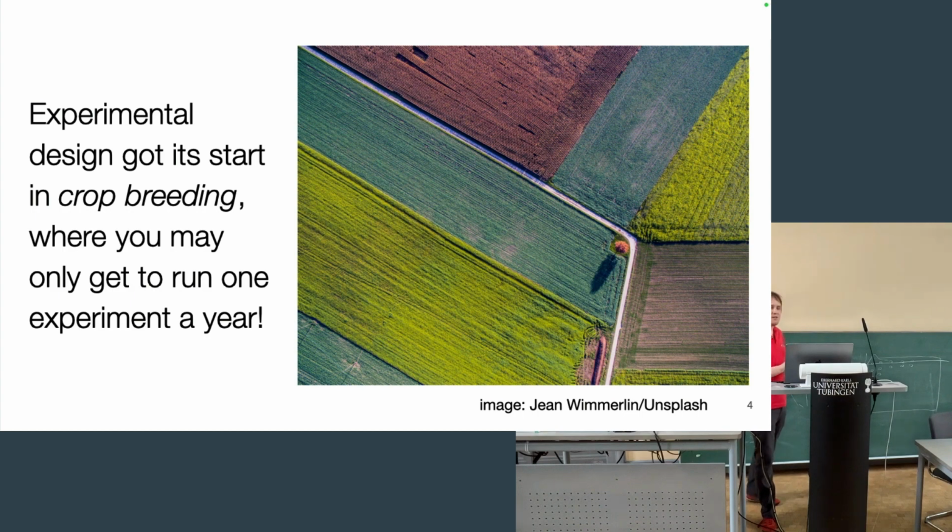Experimental design as a field got its start in crop breeding. This is a situation where these two problems are really highlighted. Let's say you're trying to design a corn hybrid, where you want to maximize yield as a function of the genome of the plant. Here the design space is the entire genome, an enormous space, and you may only get to run one experiment a year.